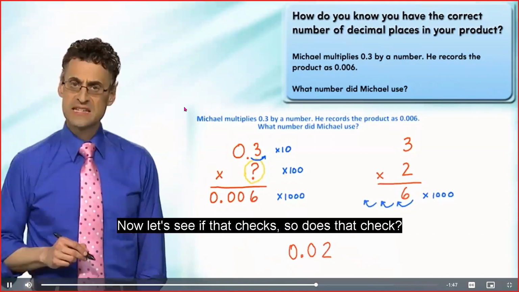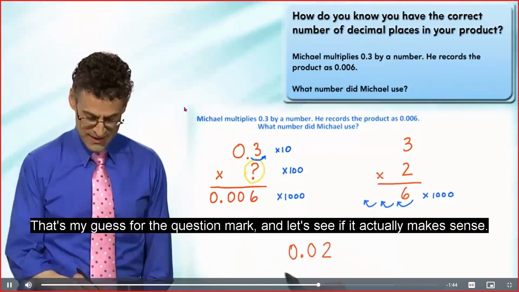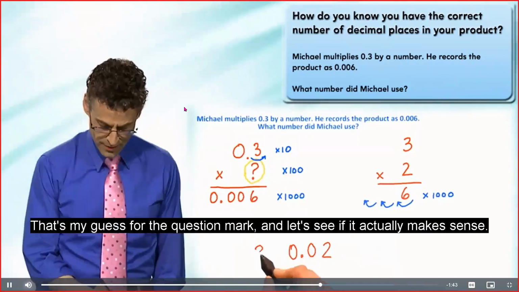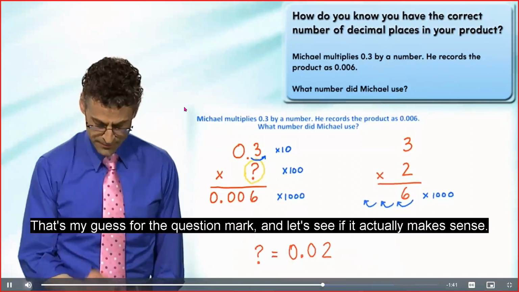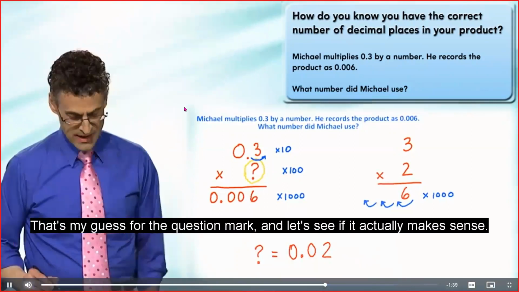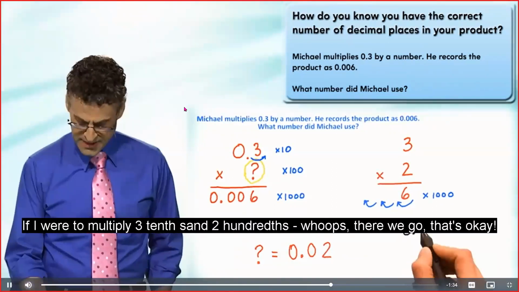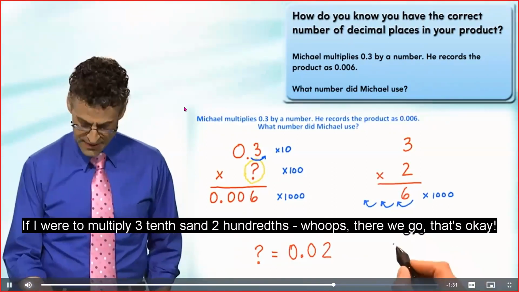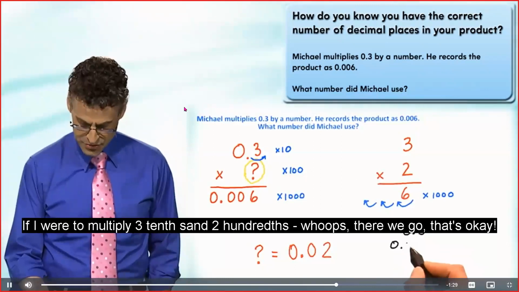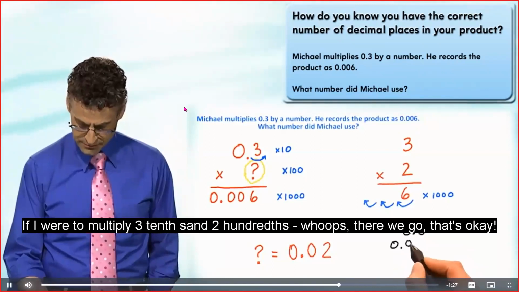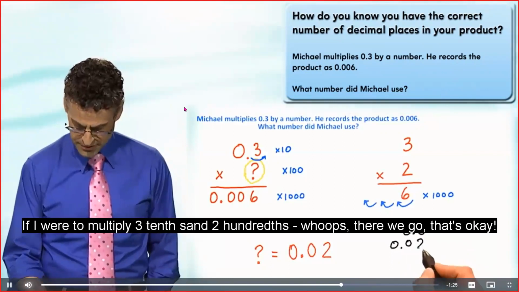Now, let's see if that checks. That's my guess for the question mark. Let's see if it actually makes sense. If I were to multiply 3/10 and 2/100, whoops, there we go, that's okay.